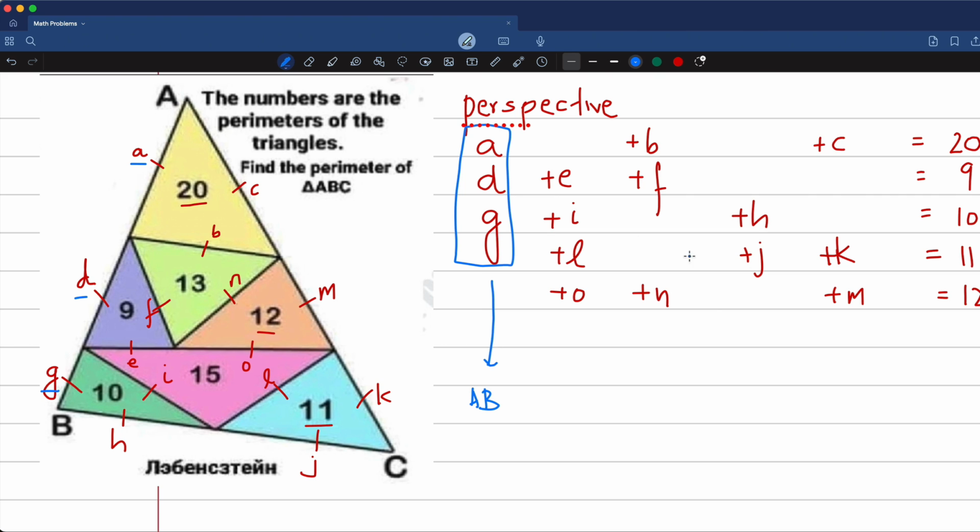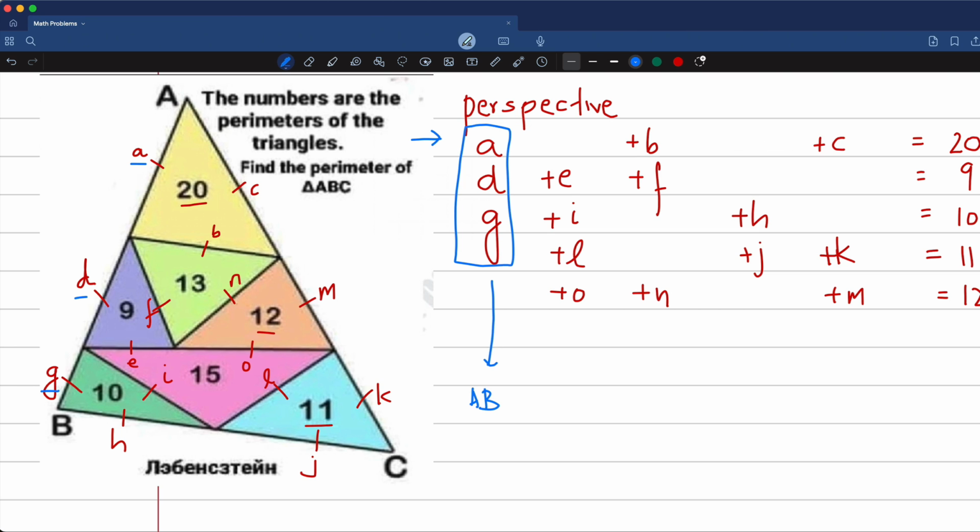Whereas by understanding that even though A is part of the yellow triangle, it's also part of AB, is what I mean by perspective. Being able to see an entity from 2 different angles, from 2 different approaches, 2 different perspectives, 2 different ways. A is horizontally part of the yellow triangle.